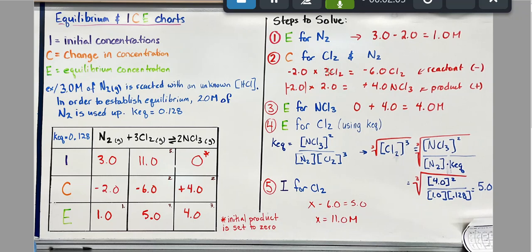So here I lost 6. Now this line is important. Here I gained 4 because these are what I'm reacting, this is what I'm using up, and this is what I'm creating. So I created 4 of the Cl3. I always subtract a reactant, add a product. So now I have -2, -6, 4.